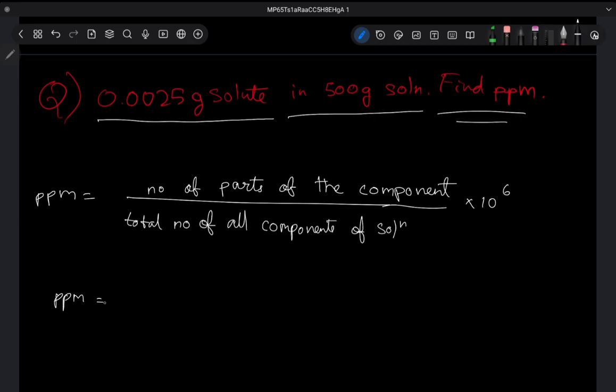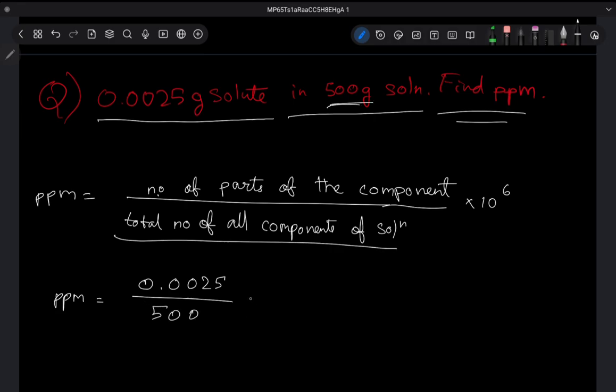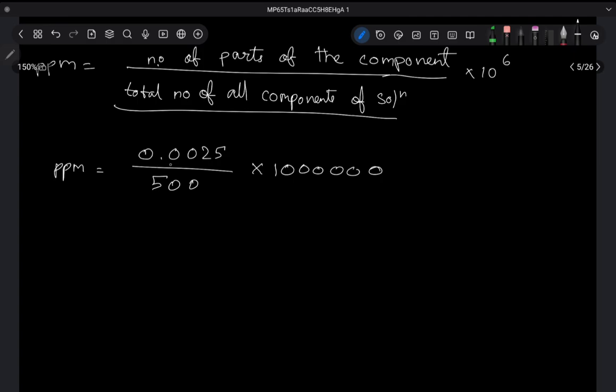So ppm is equal to number of parts of the component, which is 0.0025, divided by total number of all components of solution, which is 500, into 10 to the power 6. So let's solve it. 0.0025 is actually 1 by 400 and 500 into, cancel the zeros.